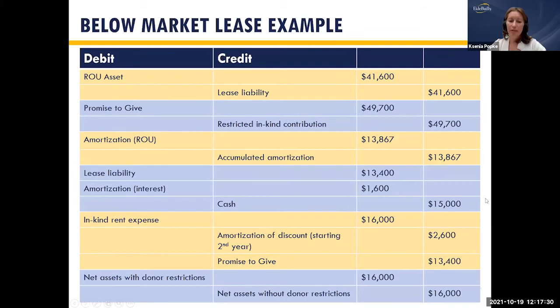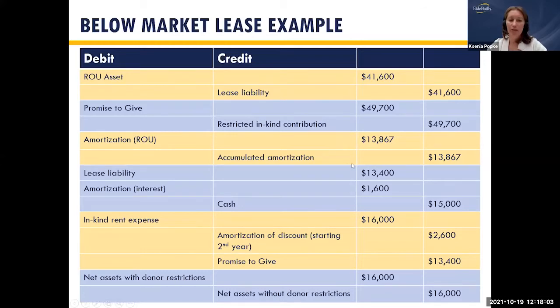And then some examples, and I know that Amy will send out some of the information for these slides. So if you actually want to trace some of these journal entries going back to the examples, you are more than welcome to do so. So right of use asset and lease liability recorded in year one, promises to give, and again, it's going to be a restricted in-kind contribution recorded in year one, and some of the other entries that are on this page.